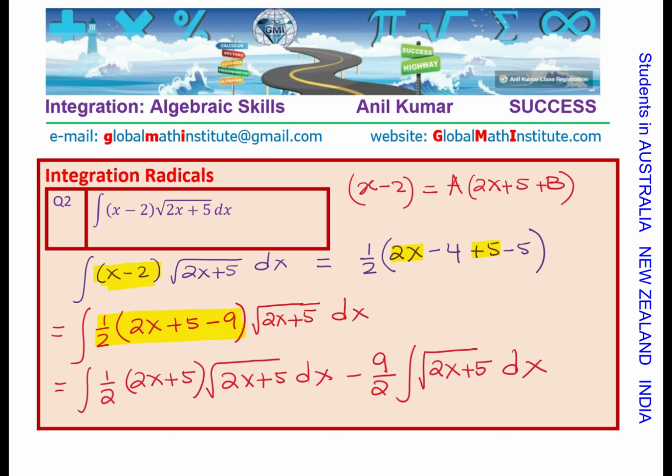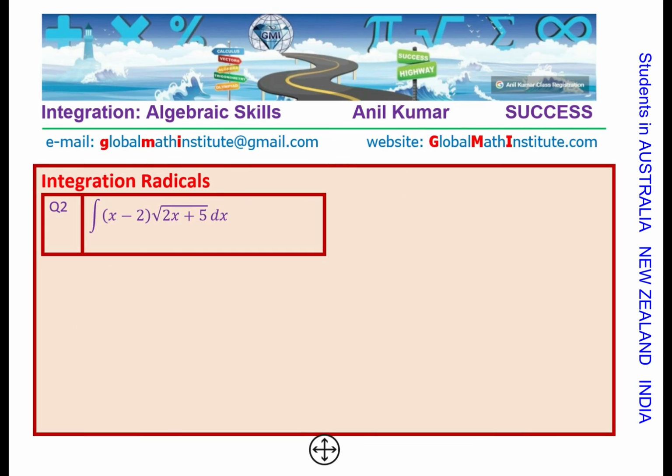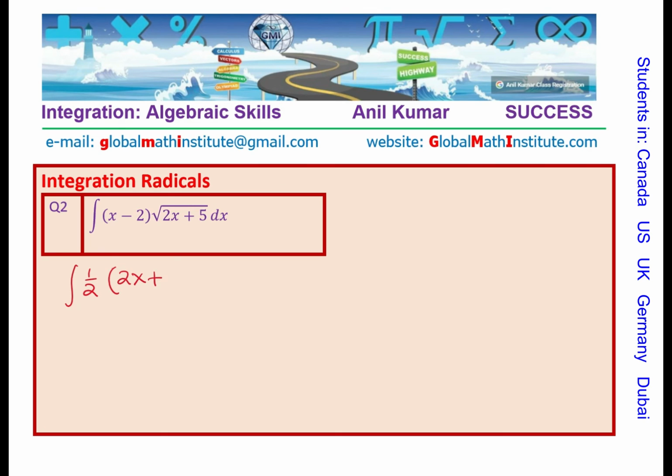So let's take it to the next page where we have the same expression written as half, right? 2x plus 5 times 2x plus 5 square root means 3 by 2 dx, correct? And minus we had 9 by 2, right?